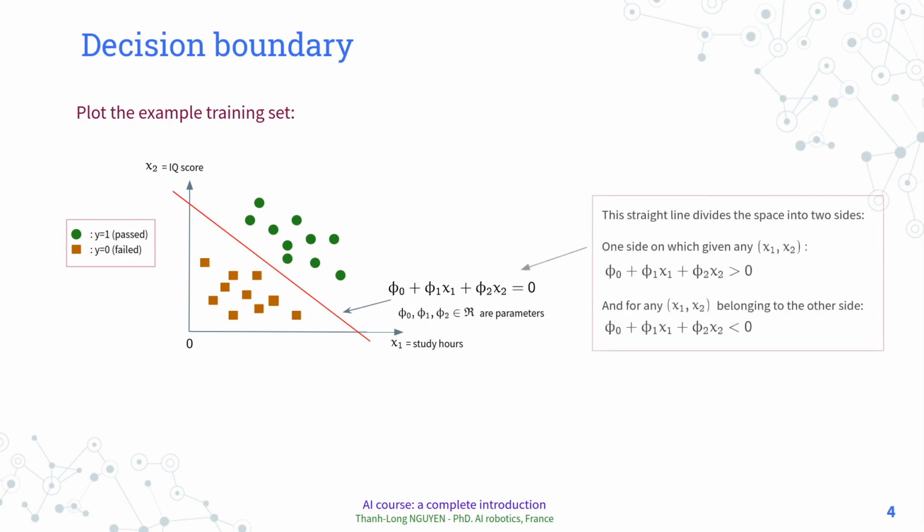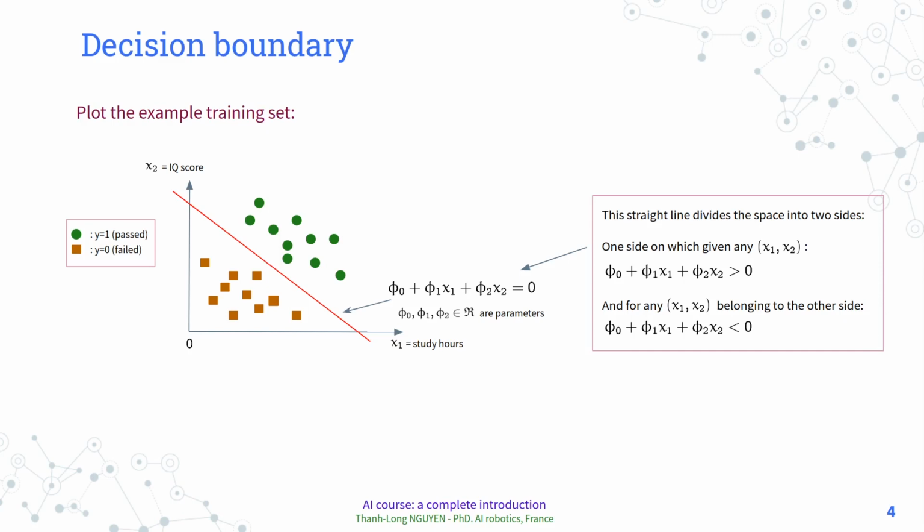And if you remember some basic math, you will know that the straight line represented by this equation will divide the space into 2 sides. For one side, given any point x1, x2, we have phi0 plus phi1 x1 plus phi2 x2 is greater than 0.